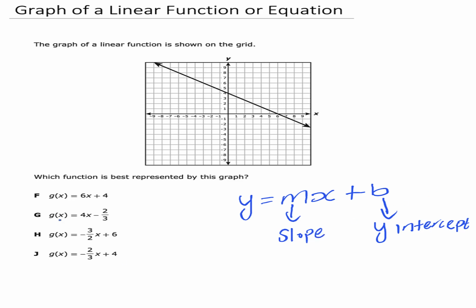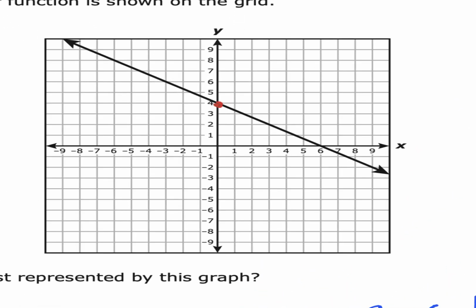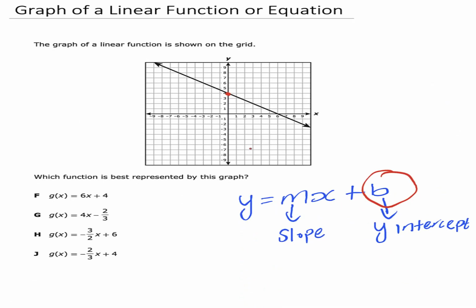So to identify which of these is the function, the first thing I'm going to do is identify my y-intercept. My line is crossing the y-axis at 4. So with that information, I'm going to eliminate g because its y-intercept is negative 2/3. And I'm also going to eliminate h because its y-intercept is 6. Our y-intercept is 4, and it's a positive 4.